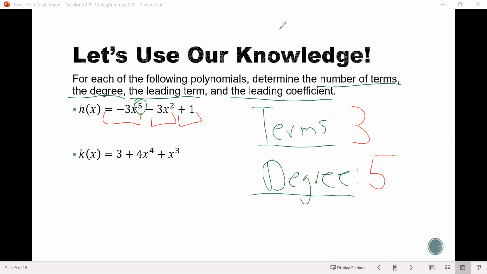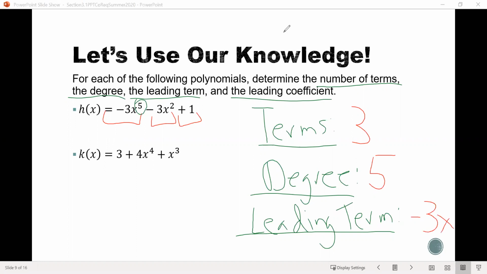The leading term, again, is the term that contains the highest power. So the answer here is not 5. The leading term would be negative 3x to the fifth, since that's the term that contains the highest power.